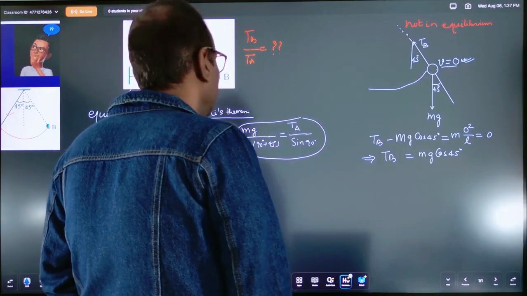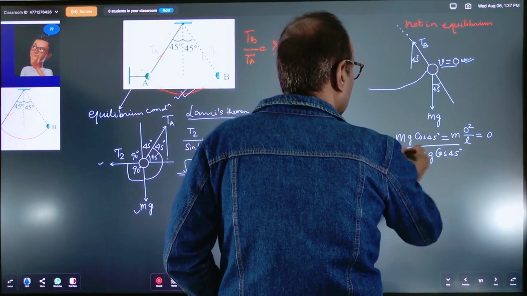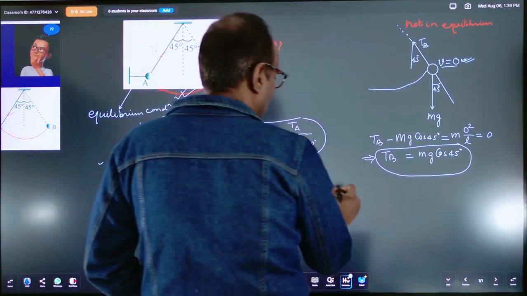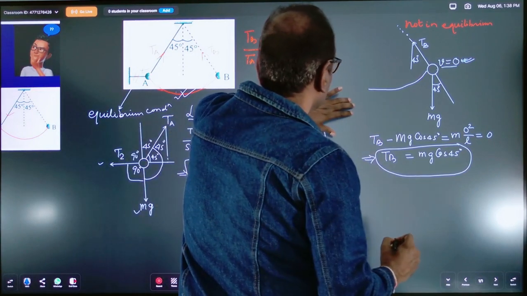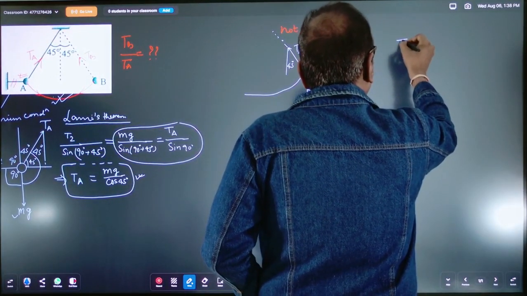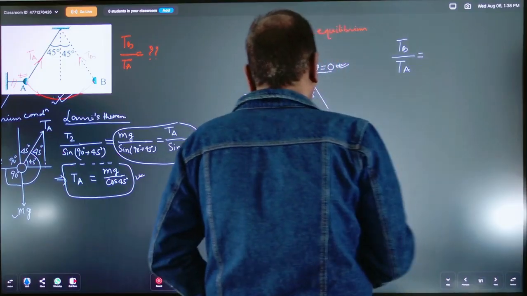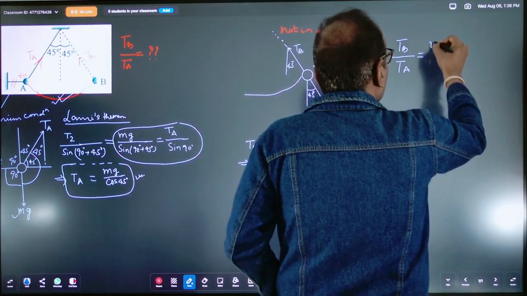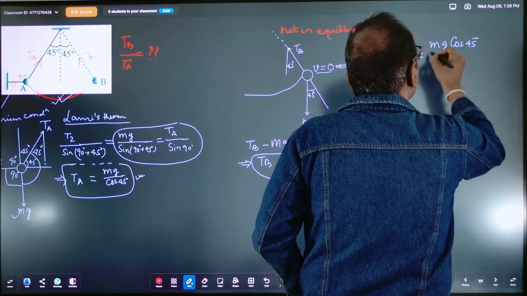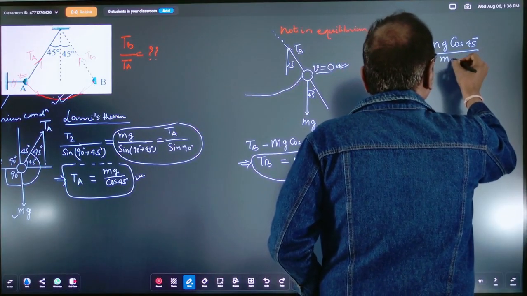And you have to find TB by TA. This is your TB, this is your TA. So you can write comfortably TB by TA equals mg cos 45 degree divided by TA, which is mg by cos 45 degree.